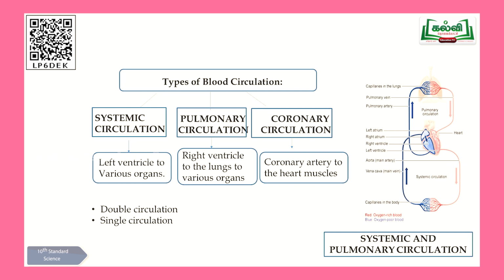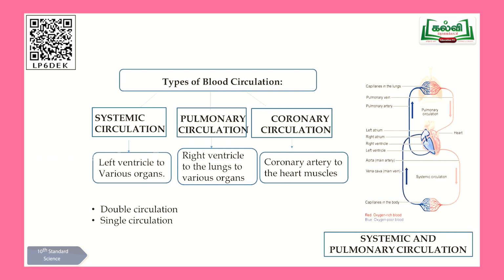You can see the blood is taken from right ventricle to the lungs, purification is taking place, and after purification it comes back to the left ventricle. From left ventricle it has been taken to different parts of the body through aorta. Aorta is the largest artery in human being. So there is a system you can come across here, hence it is called systemic circulation.